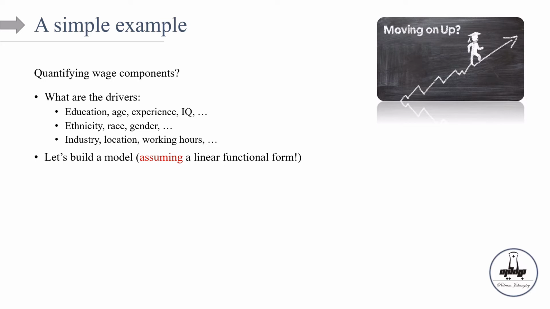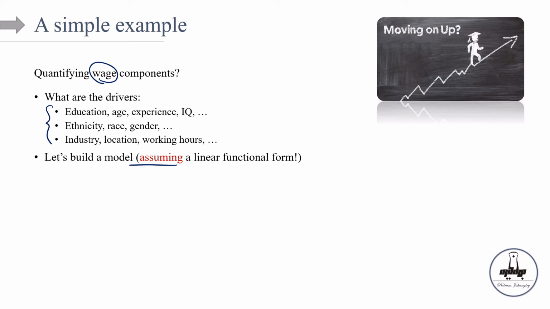Whatever the variables are, you need to build a model, right? If there's an underlying theory between wage and all these characteristics, then you can leverage the theory and start making a model from the theory. But in this example, when there is no underlying theory between wage and all these characteristics, at least as of today, then you should start by making some assumption, right?